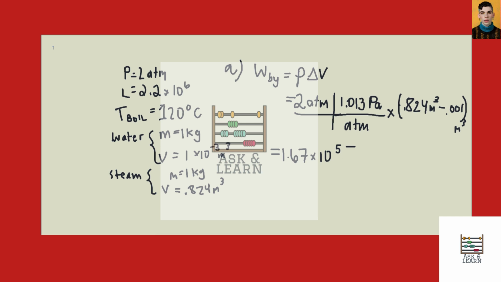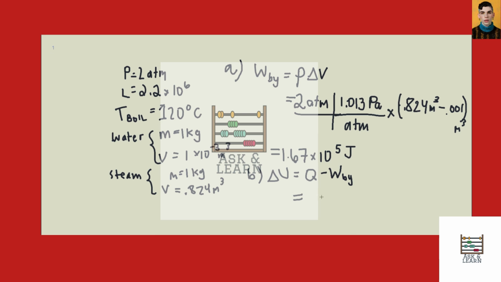And for part B, it asks for the change in internal energy. Delta U is always equal to the heat minus the work done by the gas. Kind of an energy conservation equation.